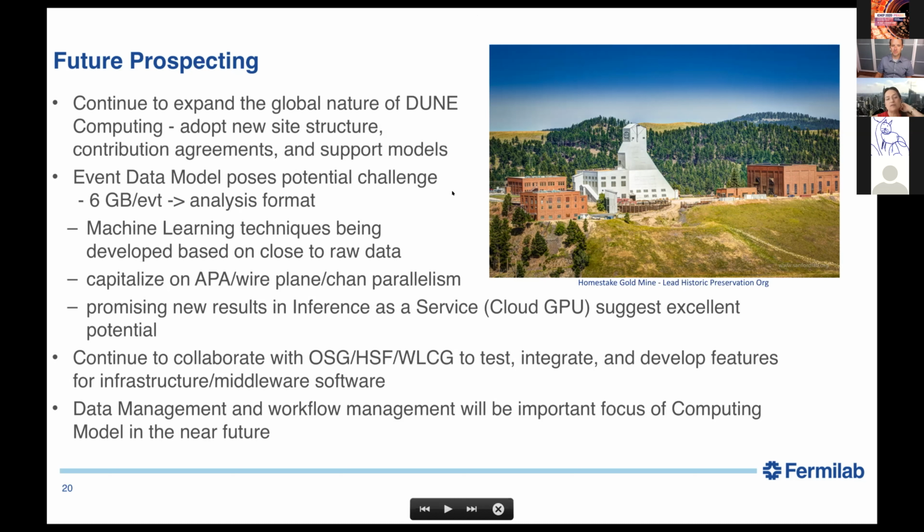Sure. Okay, I have one question. I'm really struck by the challenge of trying to get 30,000 CPUs working on a single event with the lowest amount of latency. That's quite a challenge. But is that based on your current reconstruction capabilities, and maybe some of these things you talked about for the future would mitigate that somewhat?